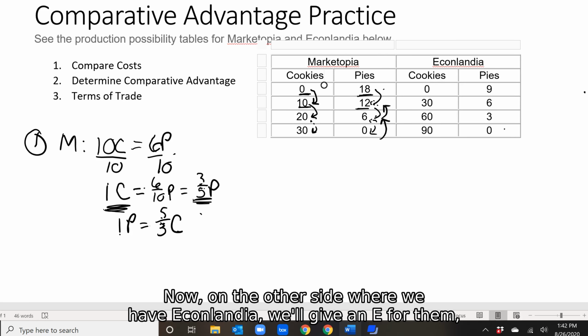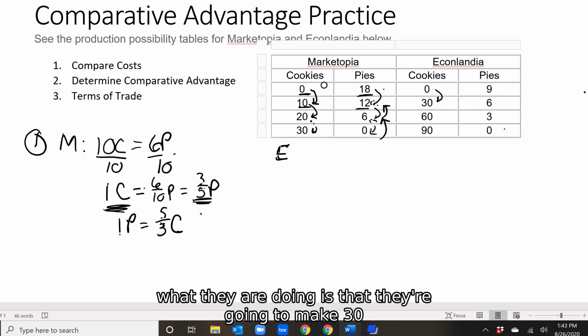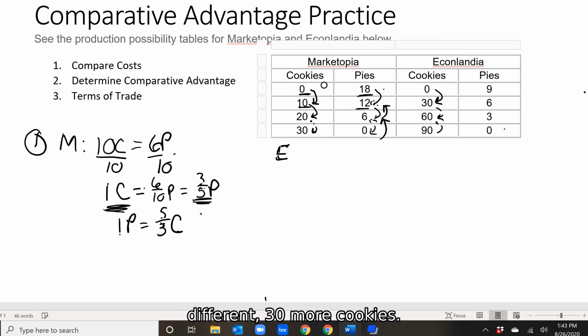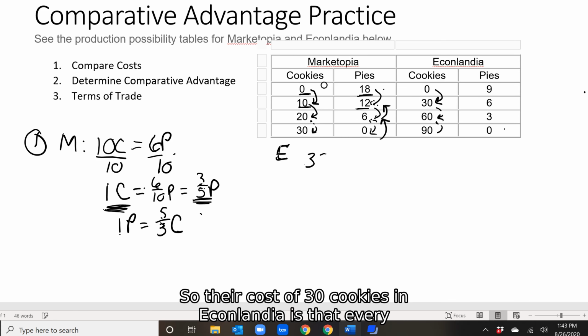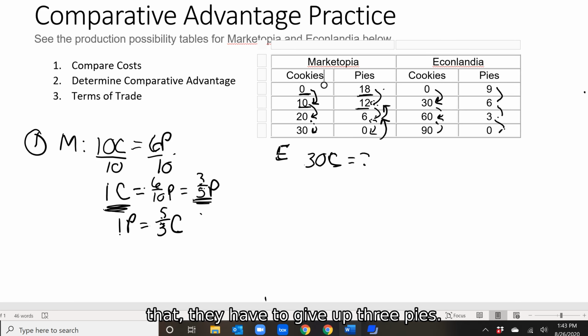Now on the other side where we have Econlandia, we'll give an E for them. What they are doing is that they're going to make 30 more cookies. So their cost of 30 cookies in Econlandia is that every time they do that, they have to give up 3 pies.